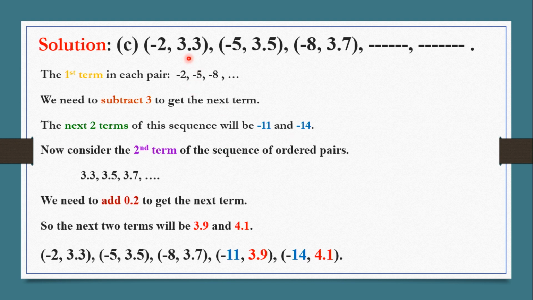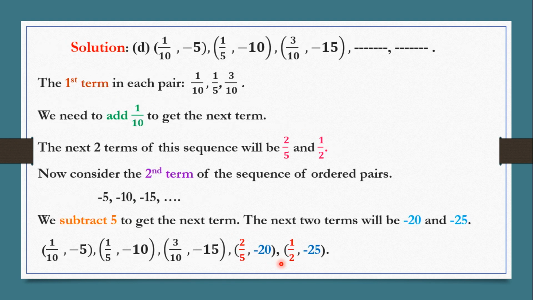Now, if we consider the second term of a sequence of ordered pairs, we have 3.3, 3.5, 3.7. We need to add 0.2 to get the next term. So 3.7 plus 0.2 will give me 3.9. 3.9 plus 0.2 will give me 4.1. And here are the next two terms.